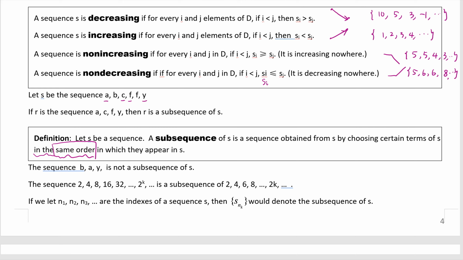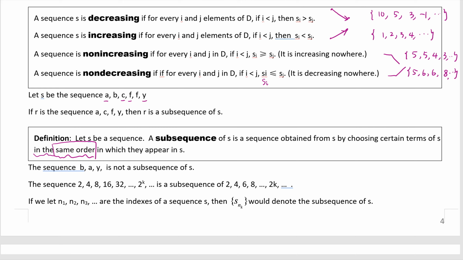Because a sequence, unlike a set, has order. For sets, as we learned in chapter 1, the elements don't have order. But a sequence is a list of numbers with an order. The order is really important because it can tell us the trend.